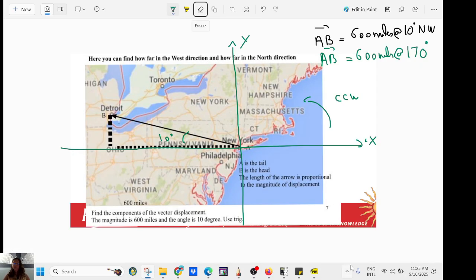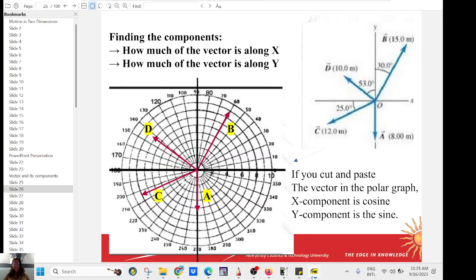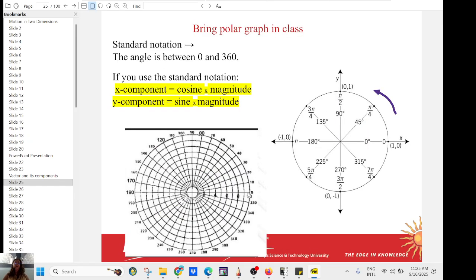So if I go back to my slide here, this is called the polar graph. You go from 0, 90, 180, 270, 360. If you use that angle here from the positive x-axis, then the x component will always be a cosine, the y component will always be a sine. You can use trig also.